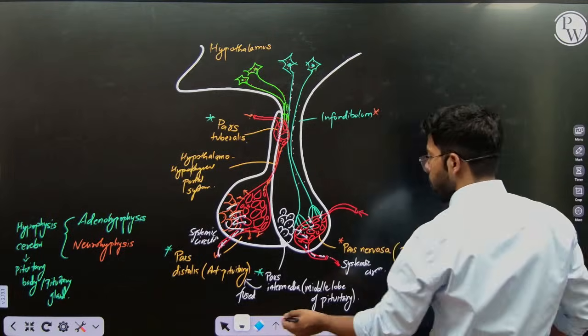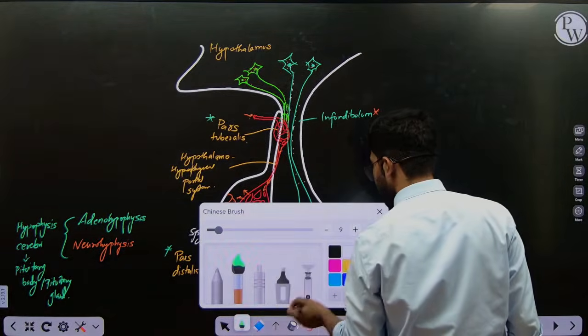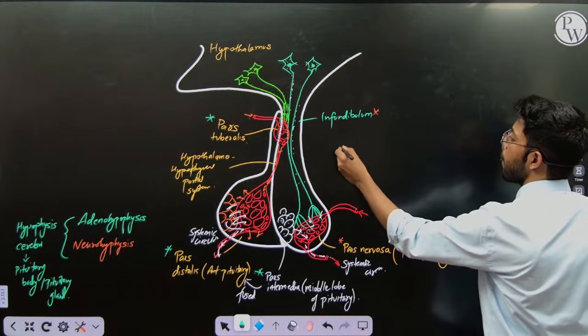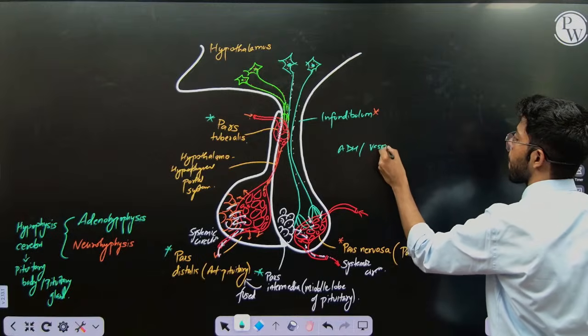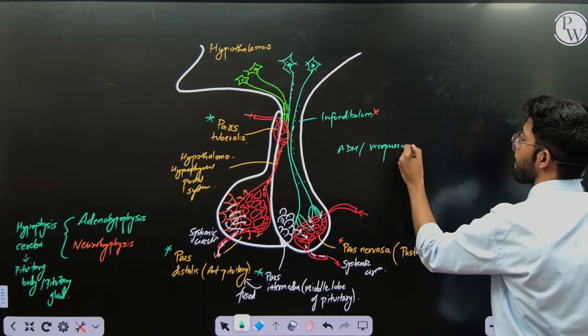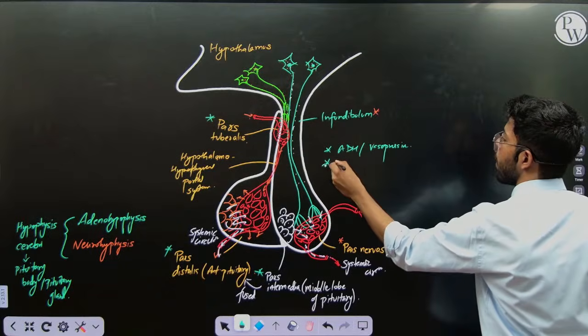So the posterior lobe of the pituitary stores and releases ADH, or we can say vasopressin, and oxytocin.